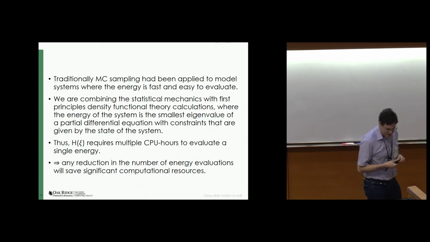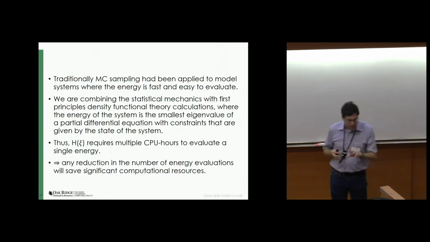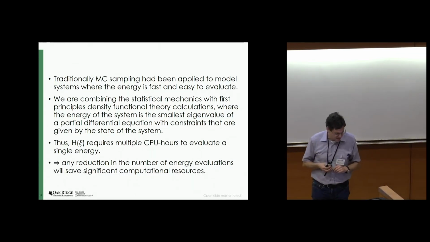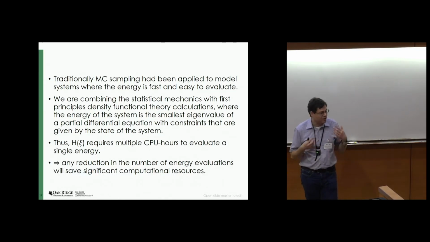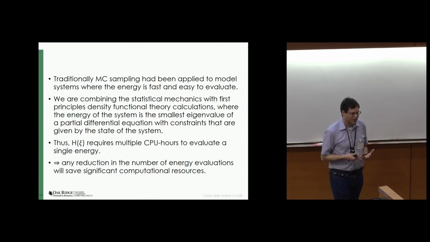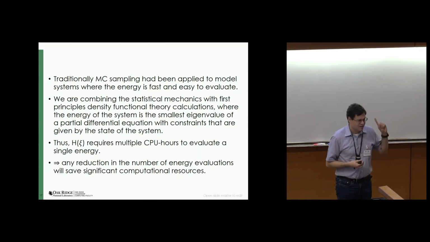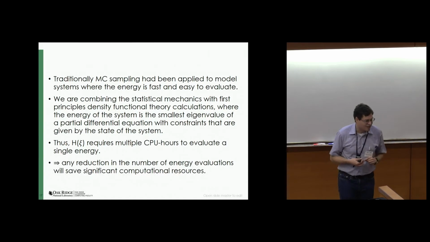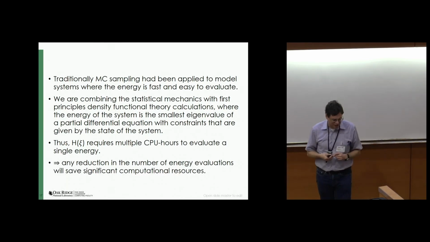I'll have an example later on from a magnetic system that illustrates this a bit better, but this means it is very expensive. Instead of milliseconds, it now takes hours of CPU time to evaluate just one energy.